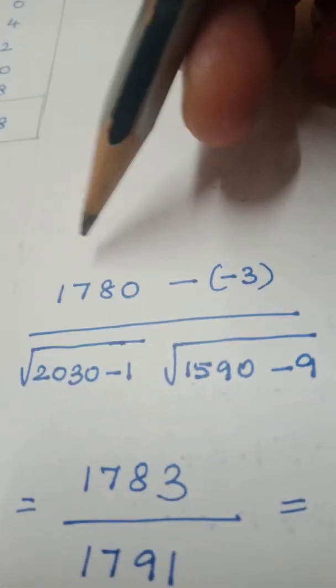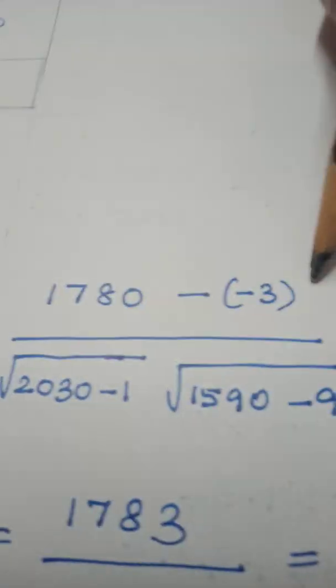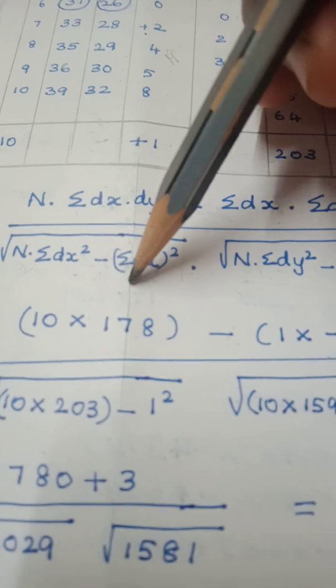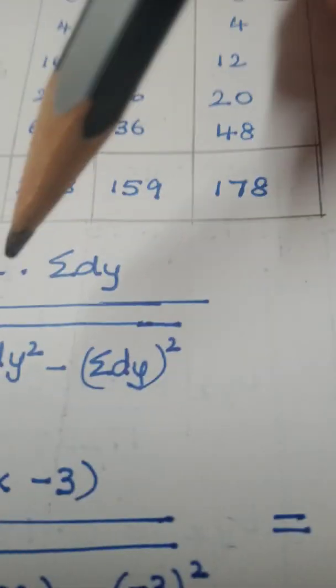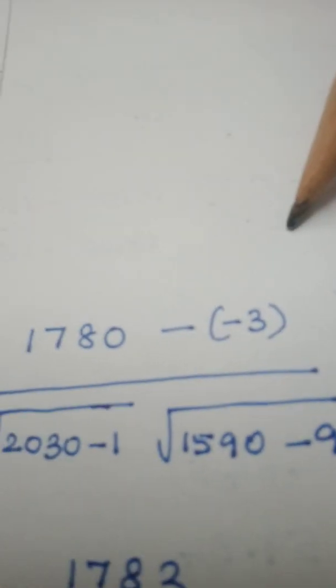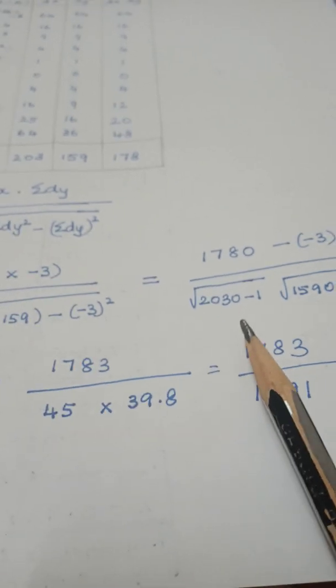Okay, now this is how we have written here. See here, in the numerator, 10 into 178, you get here 1780 minus 1 into minus 3, you get here minus 3. Then in the denominator, you will be having here 10 into 203, you have got here 2030.